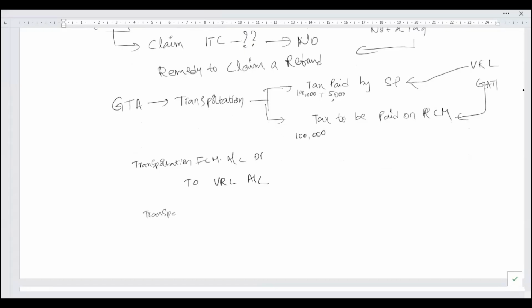Transportation, RCM account, debit to VRL account. I need to have the transportation ledger specified clearly. When you look at your P&L account, we have, say, transportation in general. Assuming I have 50 lakh as the total expenses spent during the year, again I have to split this into forward charge and reverse charge. So it becomes a complicated thing for me.